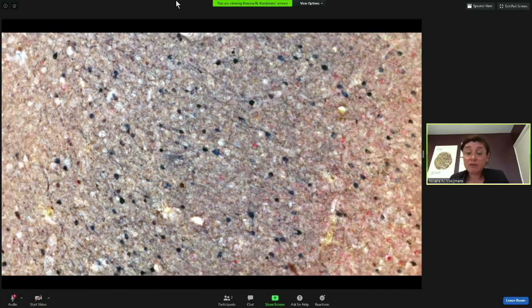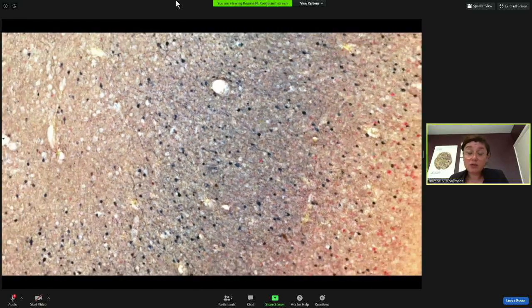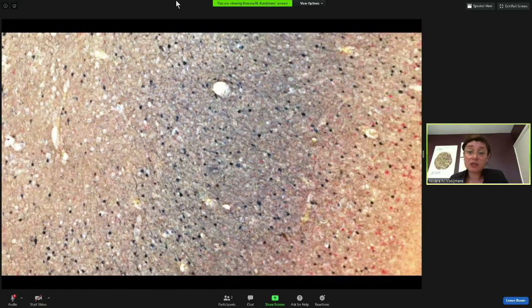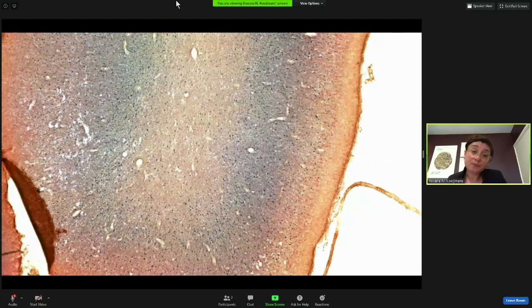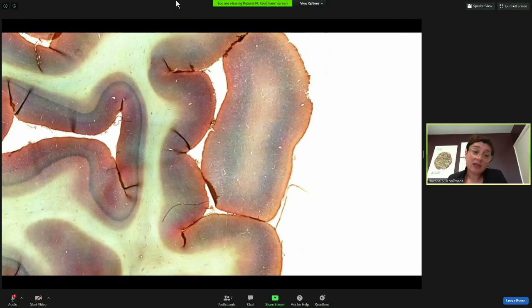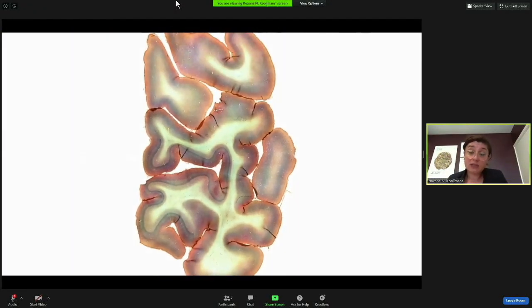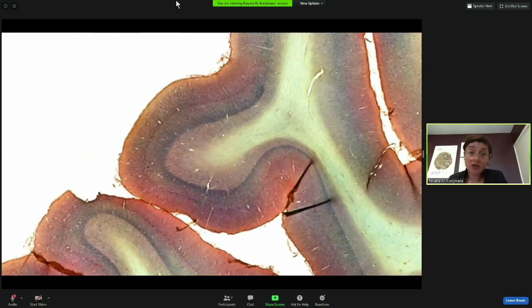Here's a high resolution image of a full human section in the right hemisphere. The section is located about 1 centimeter away from the occipital pole. As we zoom out, you can see that there are different patterns visible that correspond to different cytoarchitectonic regions.